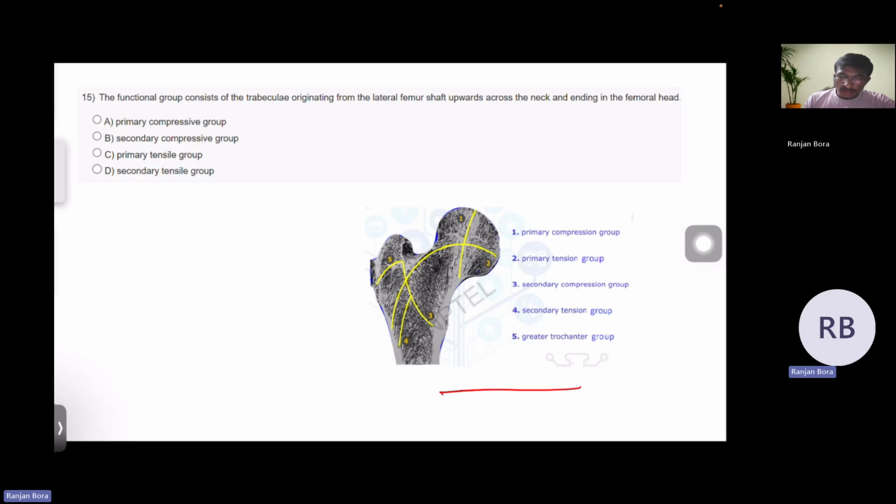From this figure, we can see functional group number 2 originates from the lateral femur shaft, travels across the neck and ends in the femoral head. So 2 is the primary tension group. So here option C is correct, primary tension group.